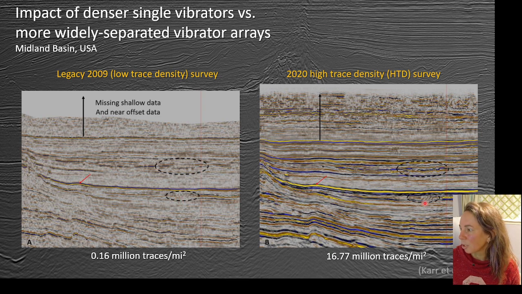Whereas in this higher trace density survey, you can actually see some structure in that area. And then same thing up here in the higher one. Other thing to notice is that in the lower density survey, you're missing a lot of the shallow data and your offset data. So just things to keep in mind as you're working with the data that you most likely have been given.